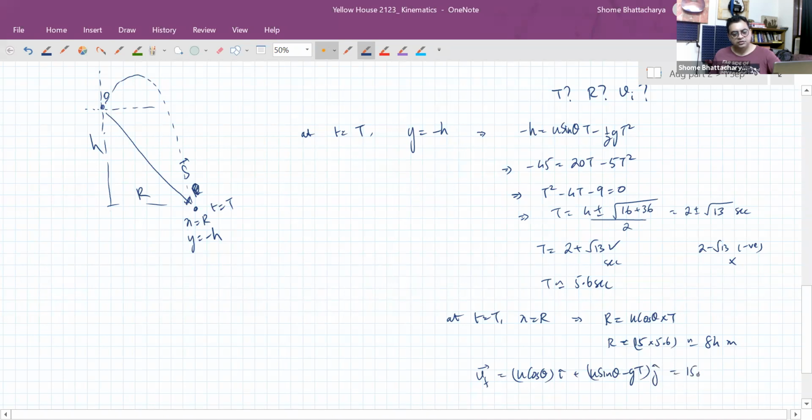So it's 15 i cap plus 20 minus 10 into 5.6 j cap. So it obviously has a negative y component, but that negative y component is 36. So this is the impact velocity.